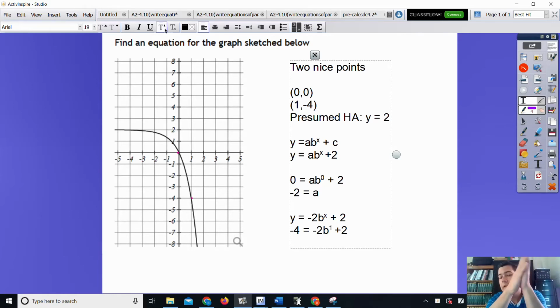Subtract 2, that'll give you -6. B is 3. I'm okay with that. Full equation, which is something a lot of y'all don't like to write out: negative 2, parentheses 3 to the x, add 2. And we're done with that one, finally.